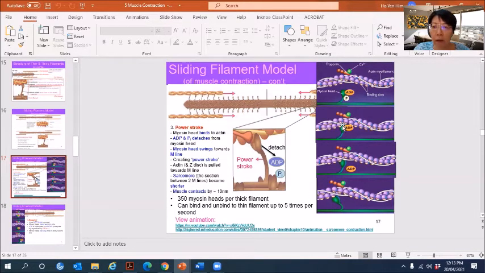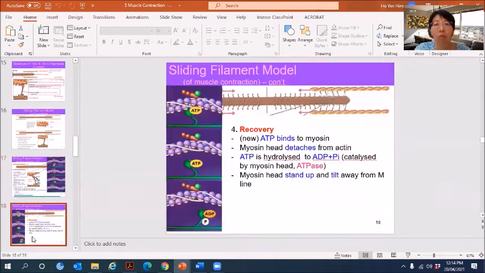All right. And what you can see here is that after binding, the ADP has to detach from the myosin head. Only then will the head twist towards the center of the sarcomere, which is the M line, creating the power stroke. So the detachment of ADP and Pi leads to creation of the power stroke.